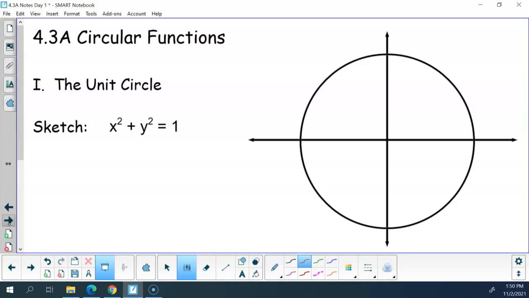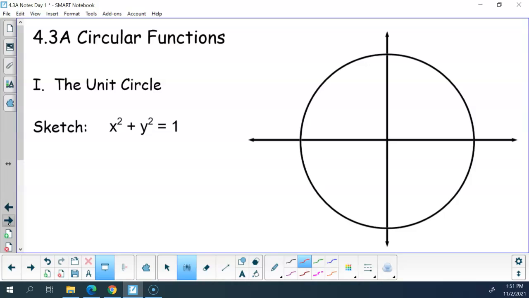Today, what we're going to do is develop the unit circle. So first off, we have to give a little background of the unit circle.